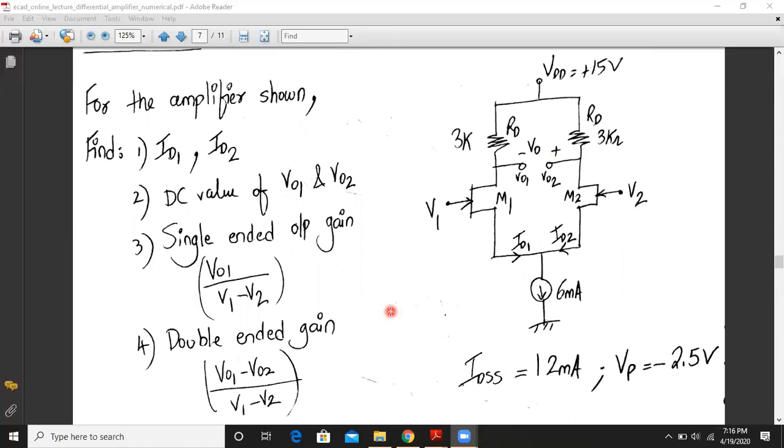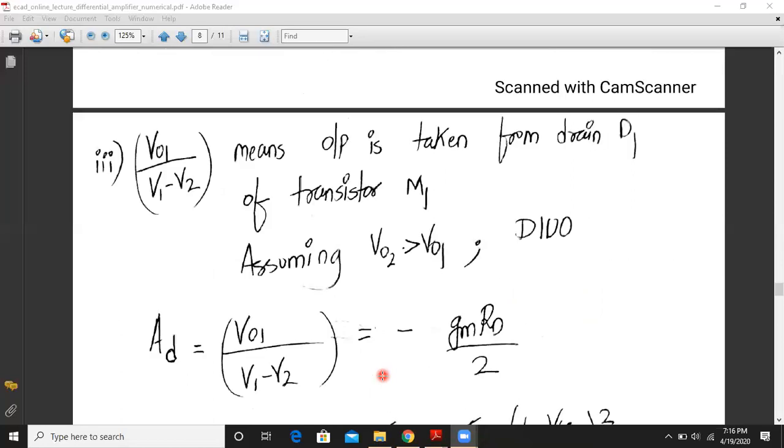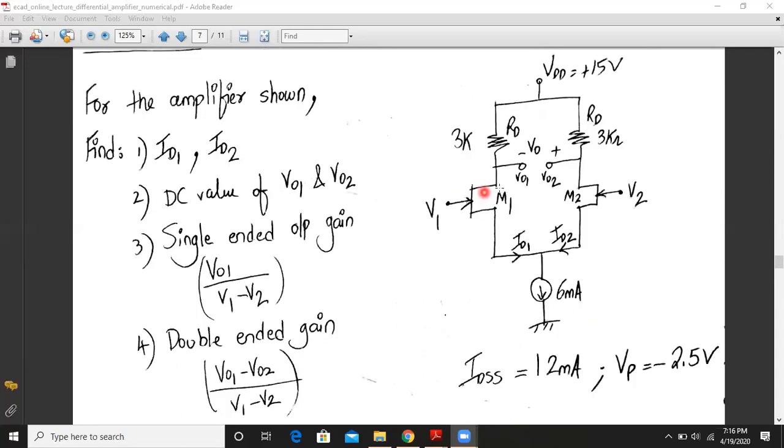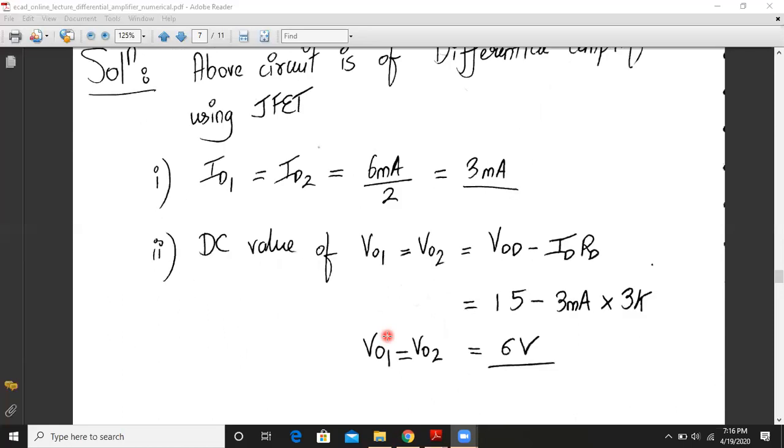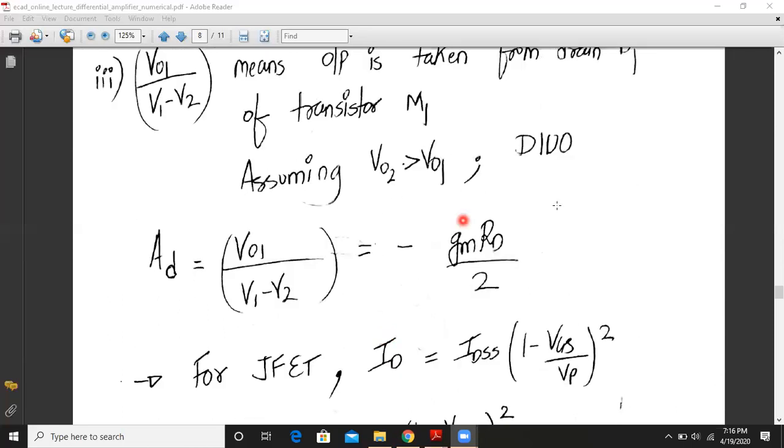Now let us check the single-ended output gain. Single-ended output gain means the output is taken from drain 1 of transistor M1. As you can see, this is transistor M1, the drain terminal 1, so the output is taken across VO1 and ground. So it is a DI-UO configuration they are asking us about. Again it is given that VO1 is less than VO2.